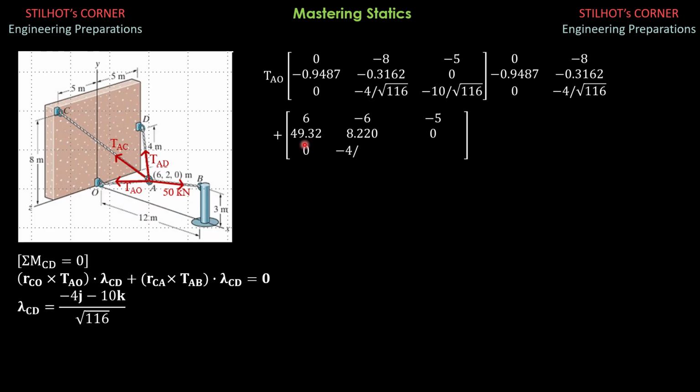So the quantities 6, negative 6, negative 5, components of AB: 49.32, 8.22, no z component. Then the unit vectors 0, negative 4 over square root of 116, negative 10 over square root of 116. Copy the elements of the first two columns. Then expand, that is 0, 0. Then this is the first calculation.